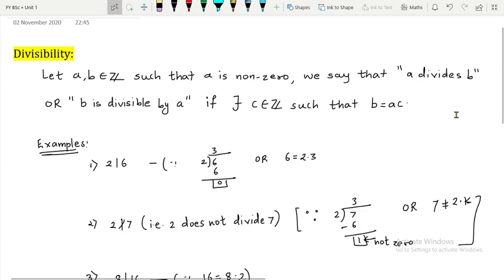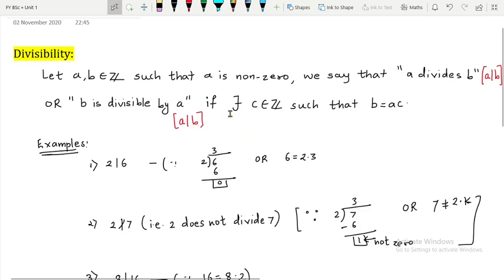In terms of notation, a divides b is denoted like this. Whenever we say a divides b, the meaning is that we can write b as a multiplied by some integer.